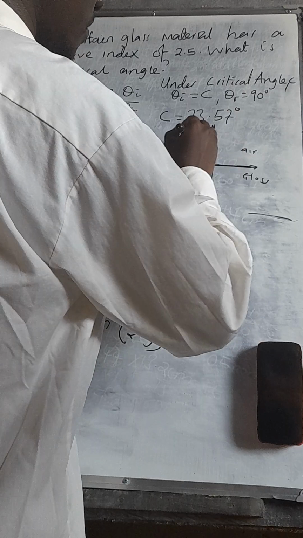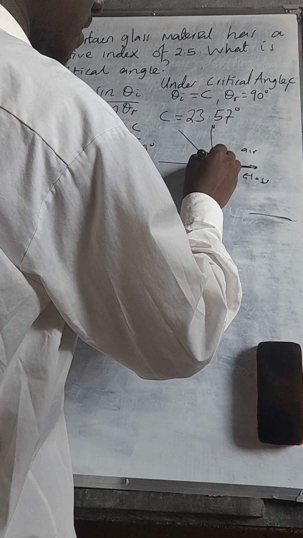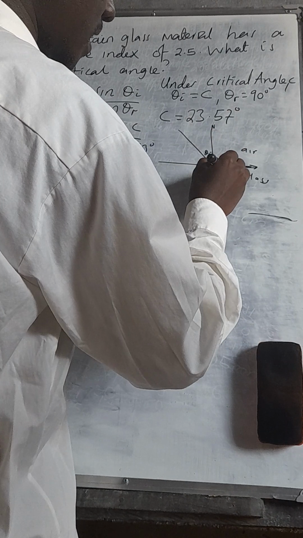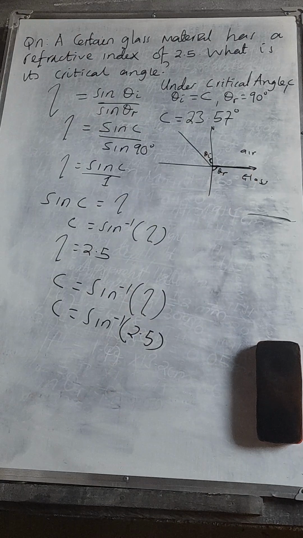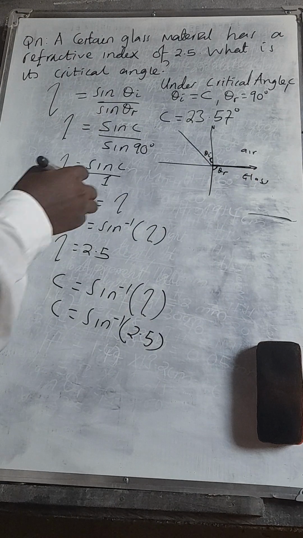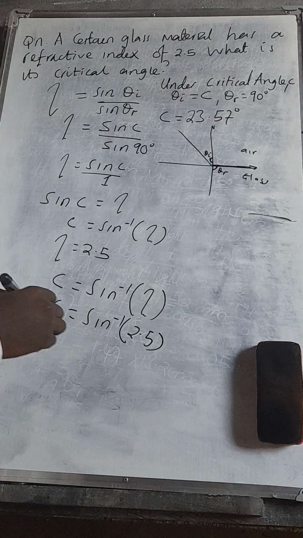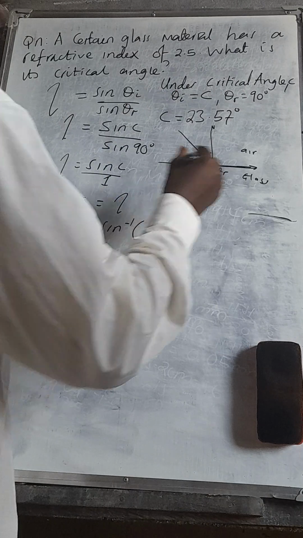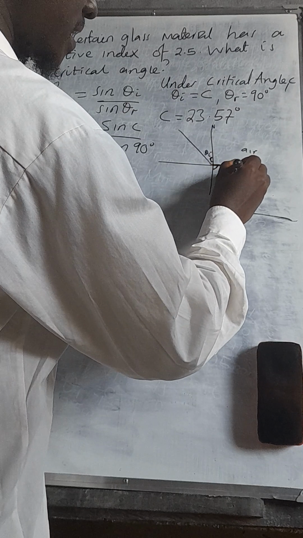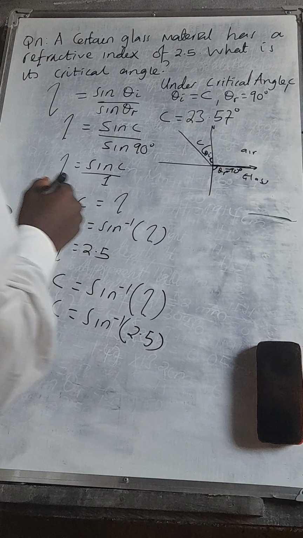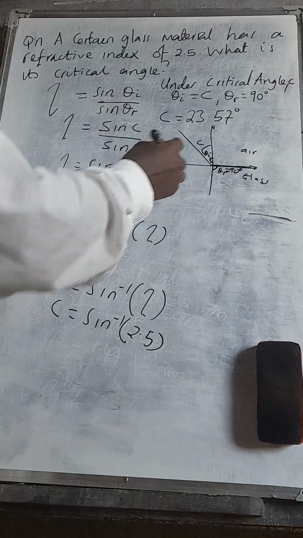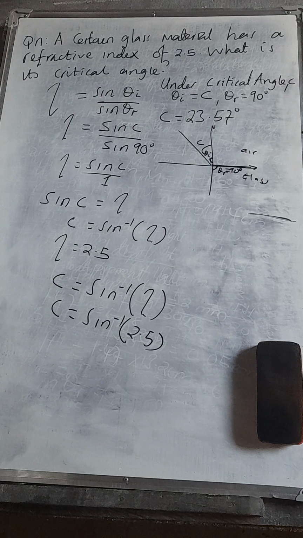Baadaye this is normal, this is angle of incidence, and this is angle of refraction. Sasa kwenye masuala ya critical angle, angle of refraction hapa inakuwa ni 90 degree. This it will be now critical angle, angle of incidence.